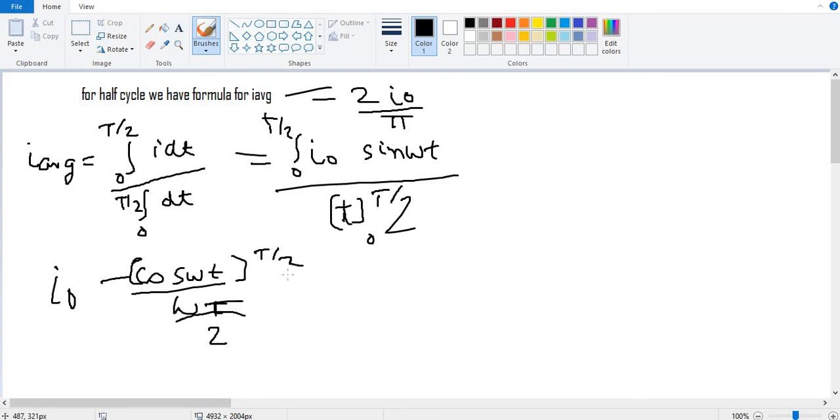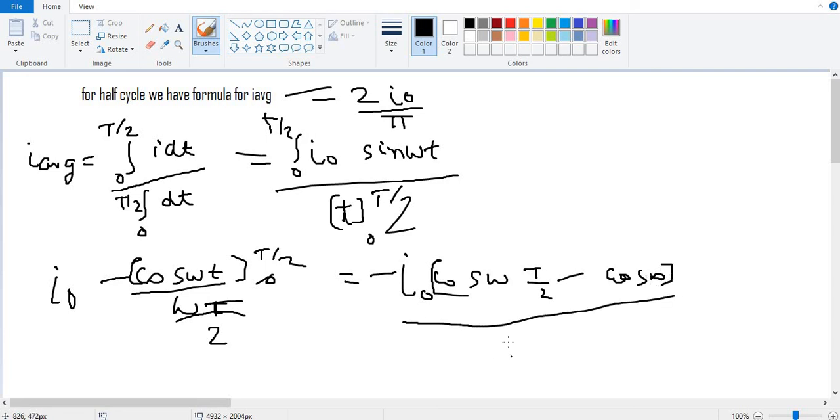Now again we put the value: minus I naught, and cos omega t, putting both the upper bound and lower bound, that is cos omega T by 2 minus cos 0, divided by T by 2.